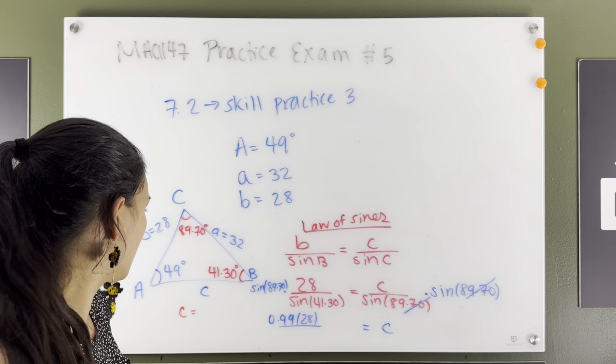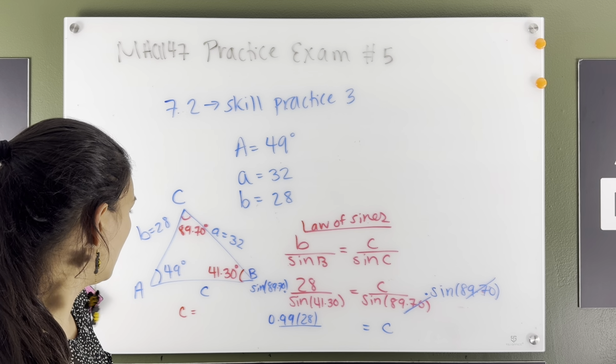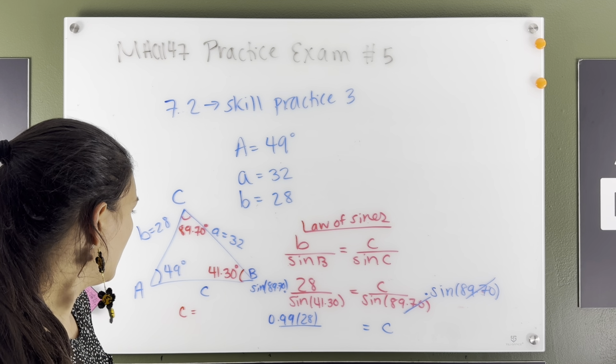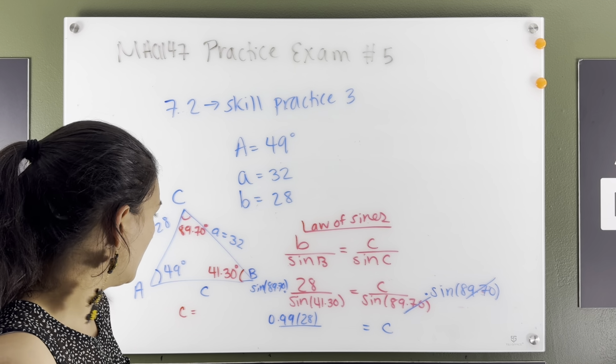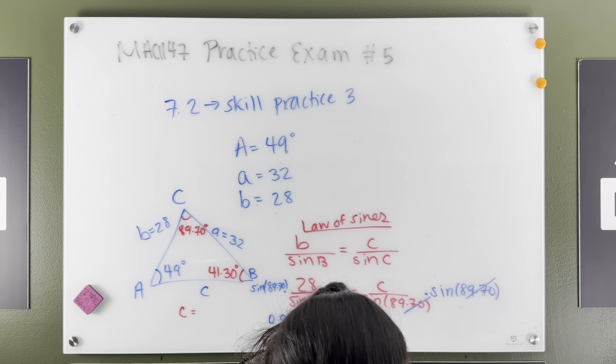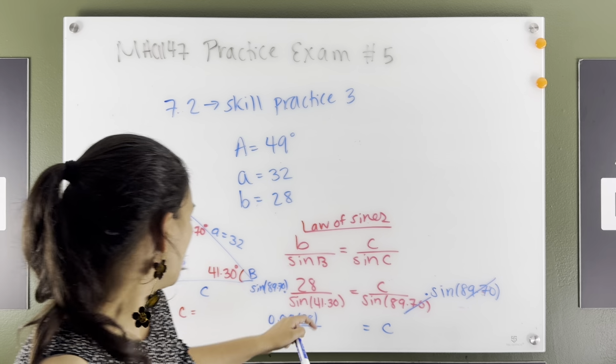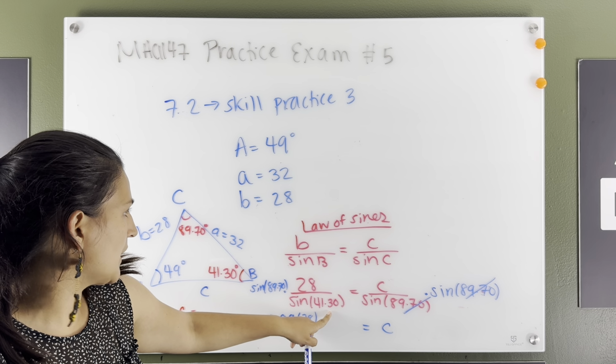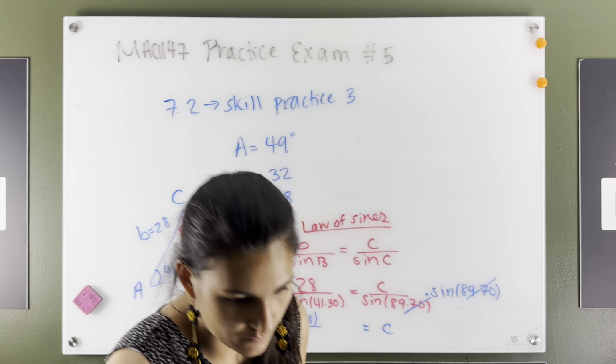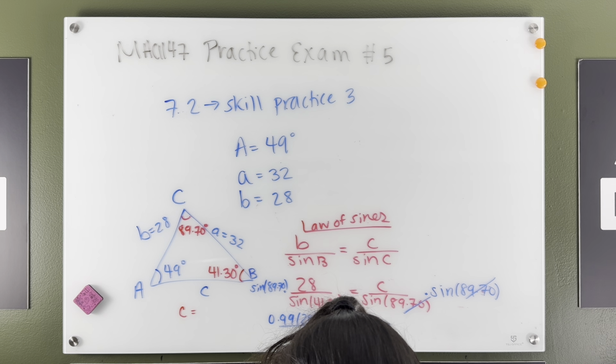Okay, wait a second. Okay, so 41 degrees is in the first quadrant. Sine in the first quadrant is positive, so something's happening here.